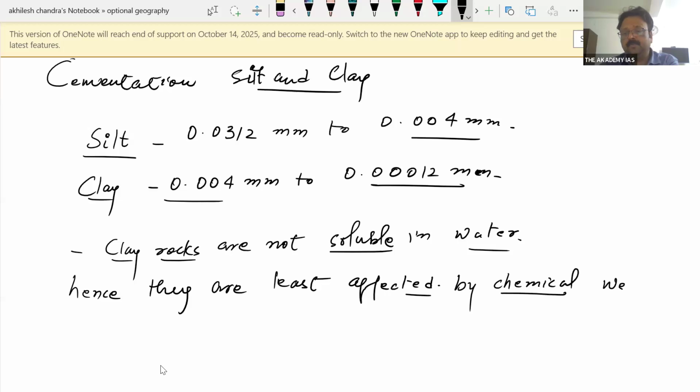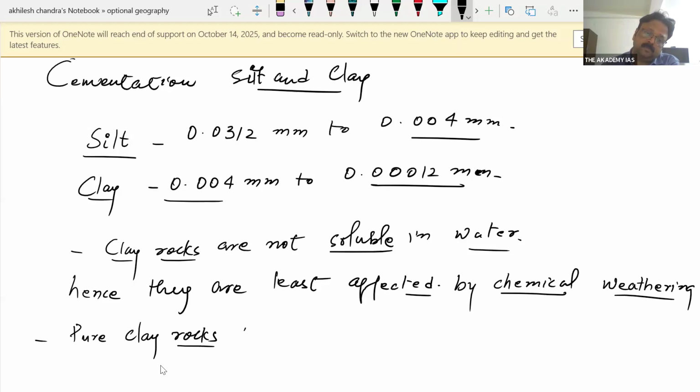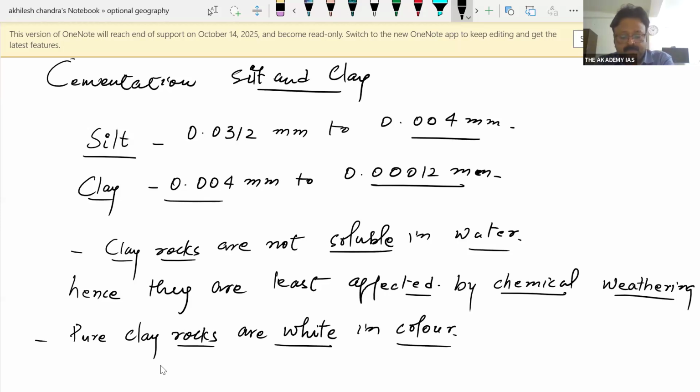Pure clay rock is white in color. ठीक है बच्चे. So these are a few mechanically formed sedimentary rocks.